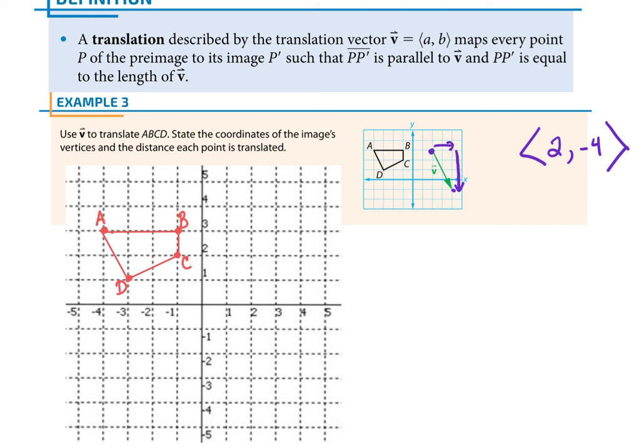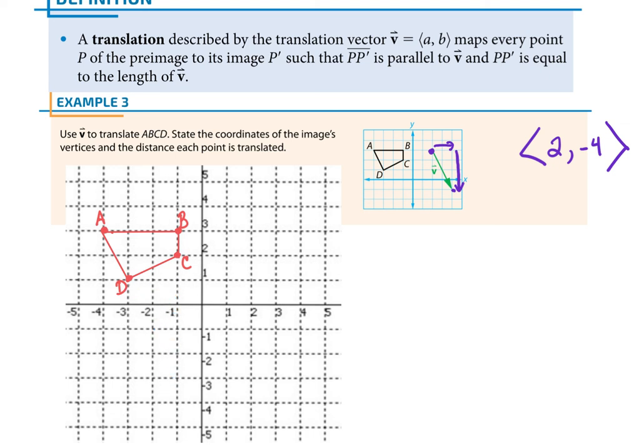And then you are going to take every single one of these and move it 2 to the right and 4 down. Now, the way that you're going to do it when you start translating these is you're going to do your coordinates. But if you just have the image and you're just moving it, you can literally walk it. So if I start at D, D needs to go 2 to the right and down 4.